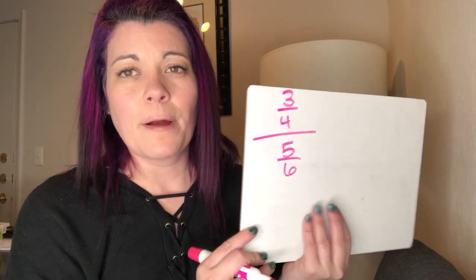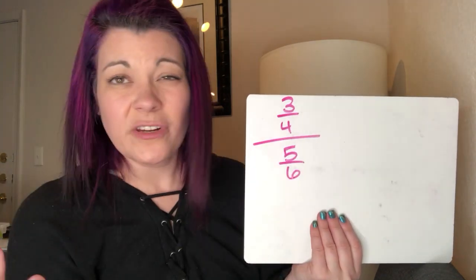Okay, dividing fractions. I'm going to teach you where this dividing fractions rule came from. You probably have heard your teacher say keep, change, flip. And in this case, this is why it happens. So 3/4 divided by 5/6. I'm going to write it in this form.